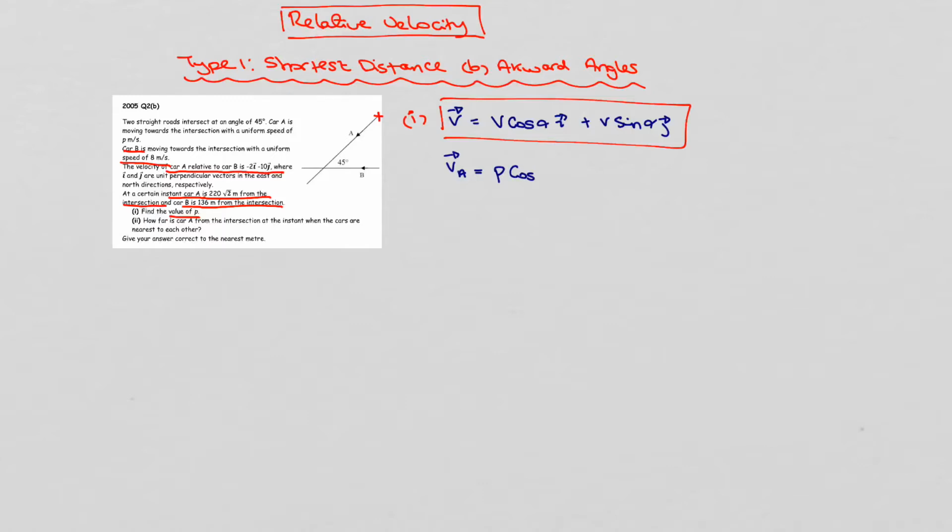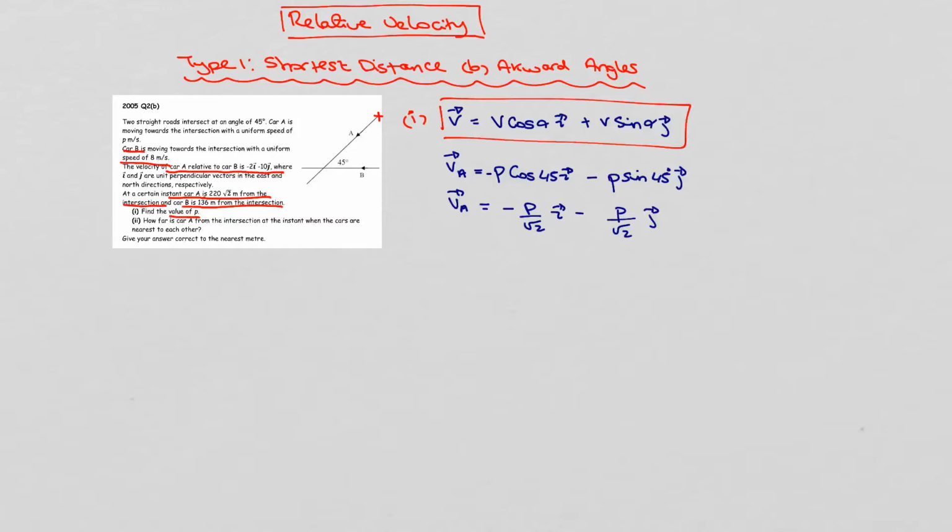Well, the angle at which it's heading towards the intersection is 45 degrees, but that's in the negative direction for i, and also the negative direction for j. So therefore the velocity of A is going to be minus p over root 2 i minus p over root 2 j, because cos 45 and sin 45 both equal 1 over root 2.